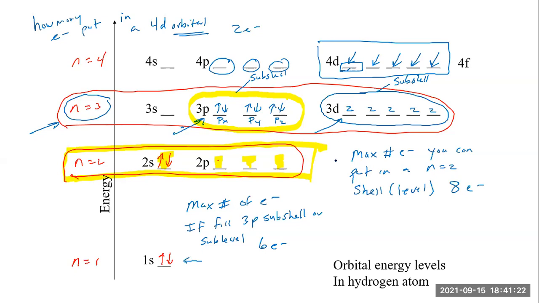It's not until we get to the second energy level that the p orbitals start to appear, and then we have p orbitals after that. It's not until the third energy level that d orbitals first appear. And it's not until the fourth energy level that the f orbitals appear.